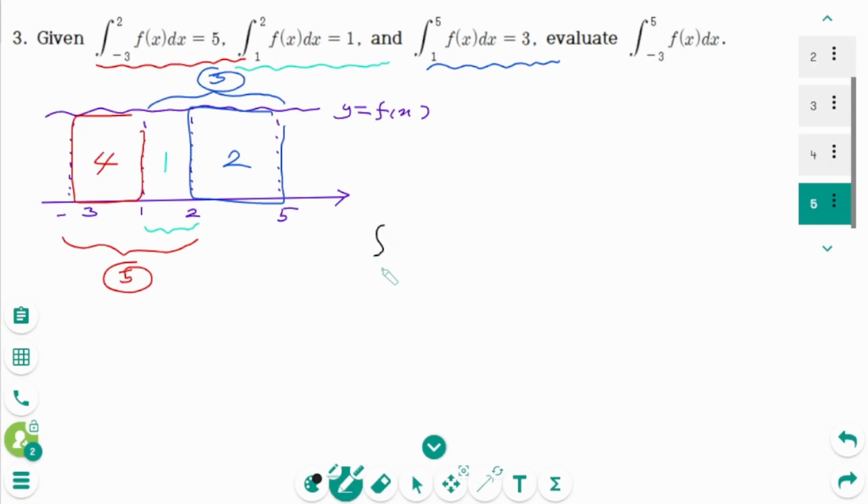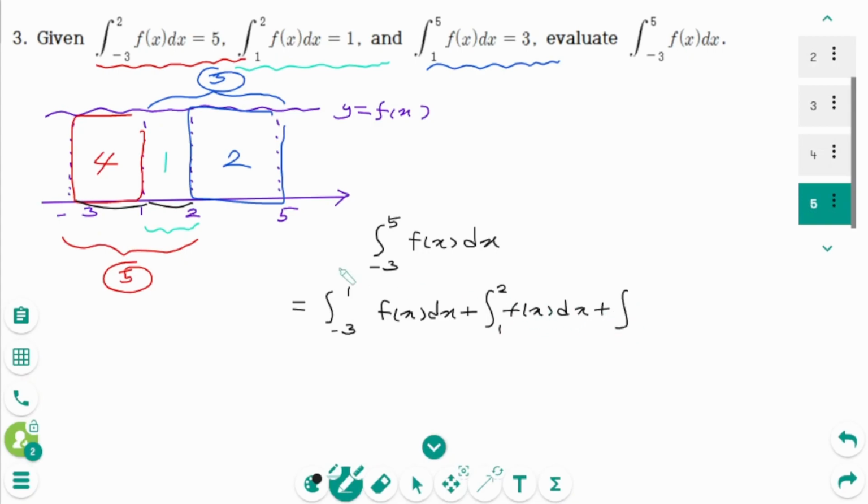So the question, the integral from minus 3 to 5 of f of x dx, we can rewrite as the integral from minus 3 to 1 of f of x dx plus the integral from 1 to 2 of f of x dx plus the integral from 2 to 5 of f of x dx.